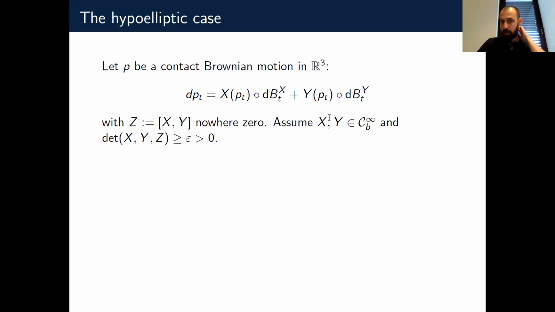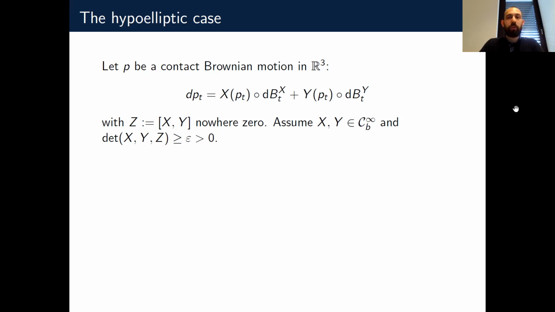Anything will work. It's not important. What I do want is that the Lie bracket of the two is non-zero. This is my Z, the Lie bracket. And what it means, again, is that I can go up. If I do my small loop, I can go against the planes.